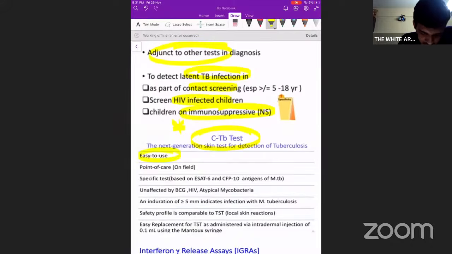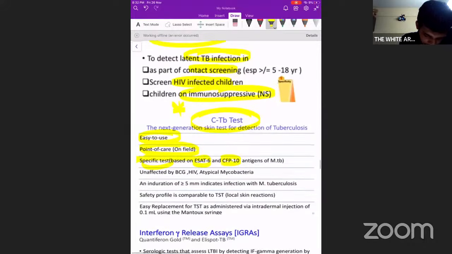The advantages are that it is easy to use, point of care, and more specific, so it doesn't turn positive even if the child is BCG vaccinated or infected with non-tuberculous mycobacteria. So it is much more specific compared to the tuberculin skin test. It is based on the ESAT-6 and CFP-10 antigens that are specific for MTB.